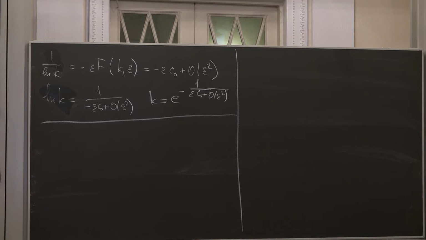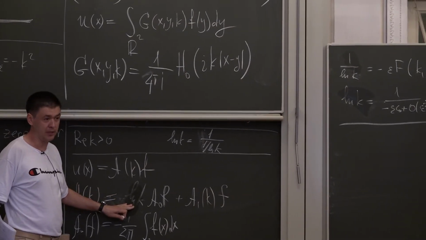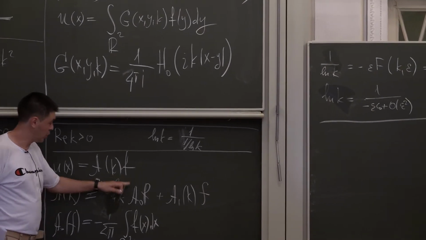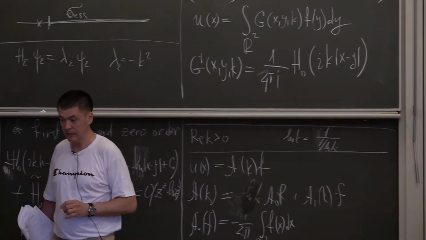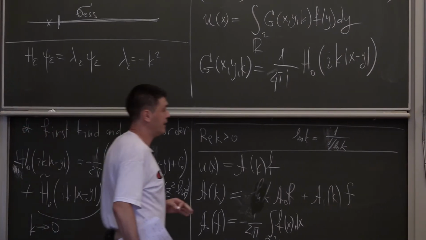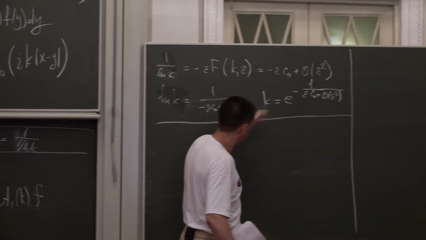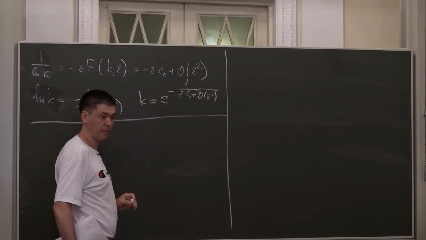This is because we had here not a pole, but logarithm instead. So the logarithmic singularity finally gives rise to exponentially small values of k.